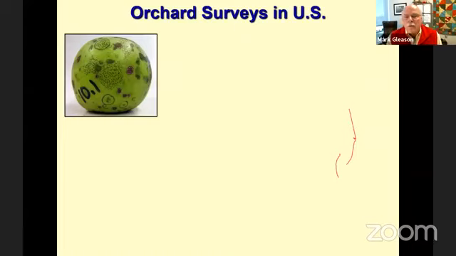We started by surveying a number of apple orchards in the US. We did 2 surveys at 2 different times. And this is how we did those surveys. We would find apples that had colonies of sooty blotch and fly speck fungi, and we would sample about 40 apples per orchard that displayed these colonies. And we would count the number of colonies of each mycelial type.